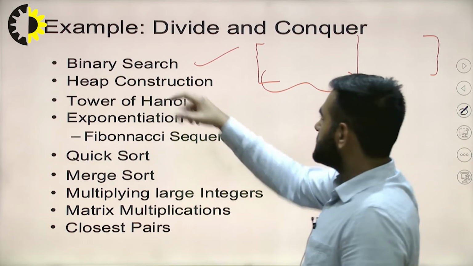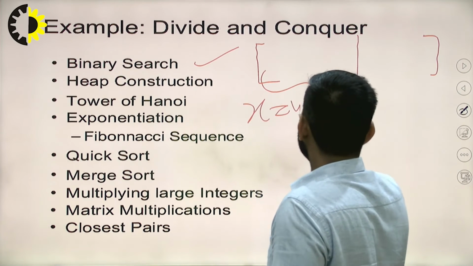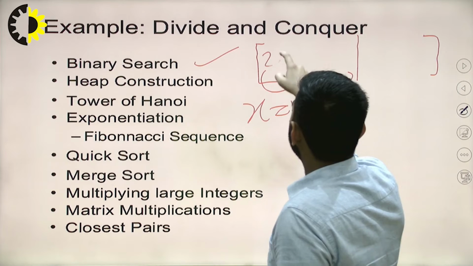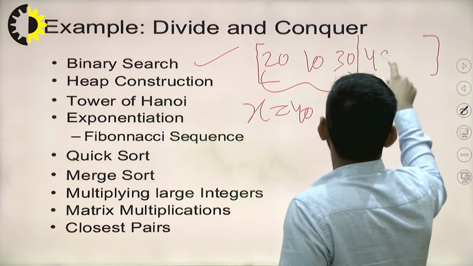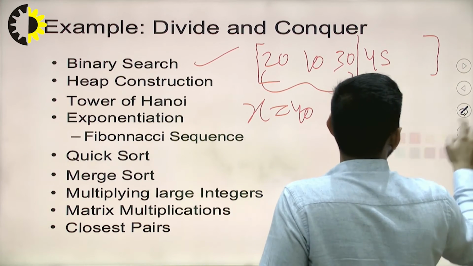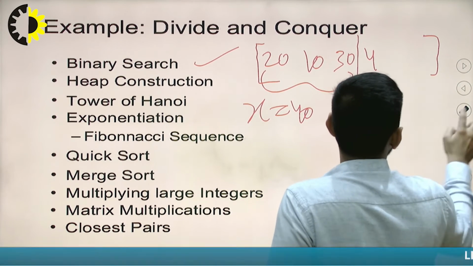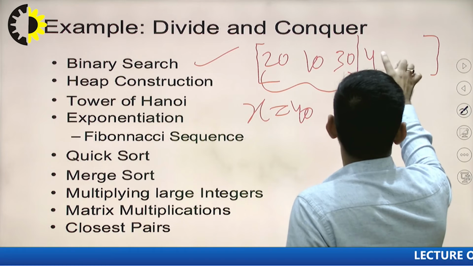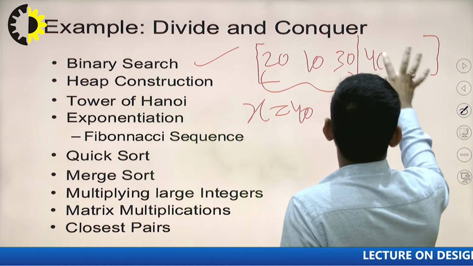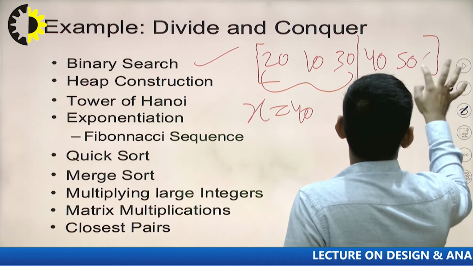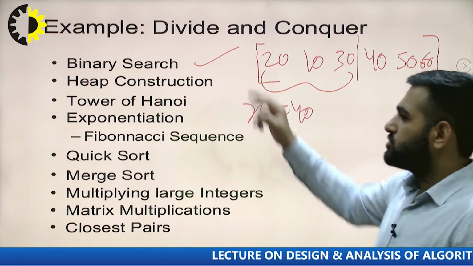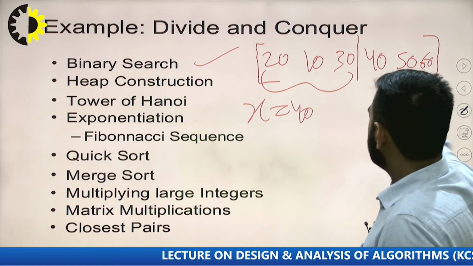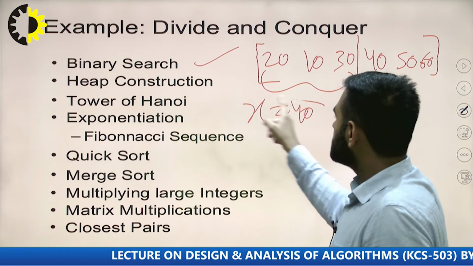Suppose in binary search we have to search x equals 40 and we have an array of 20, 10, 30, 45, 40, 50, 60. What was the condition? The array should be sorted. So I have taken the sorted array. Now the element to be searched is x equals 40.